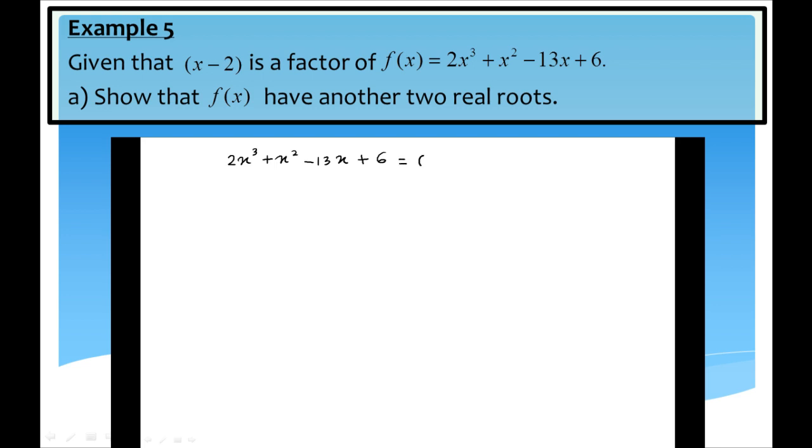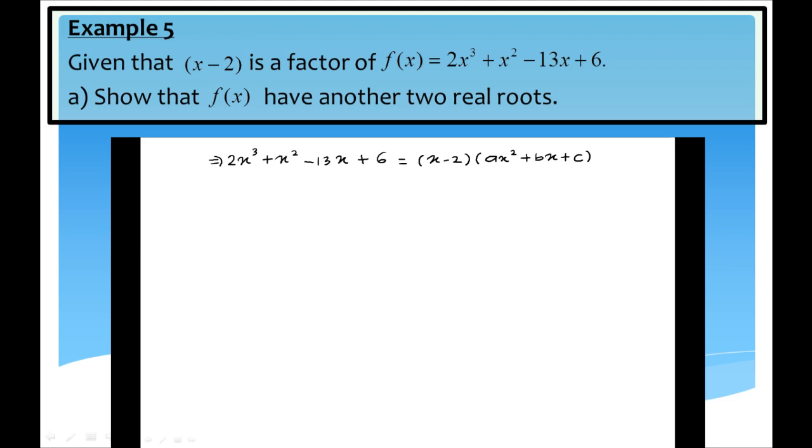Since we have one factor, x minus 2, we can write it like this. Supposedly, we should have a cubic equation. So what we need to do is assume here we have a quadratic, ax squared plus bx plus c, where we still don't know the values of a, b and c.